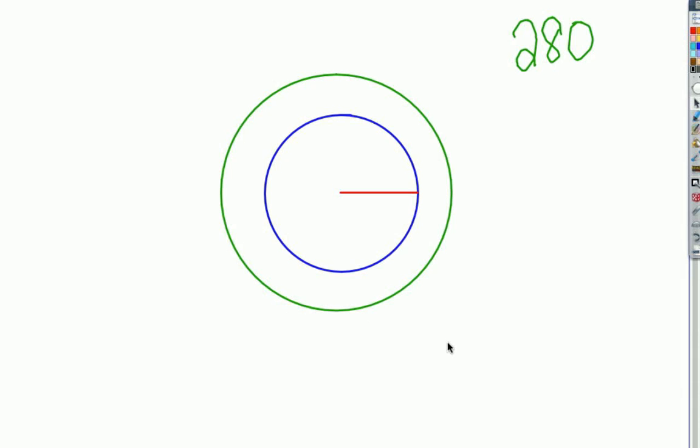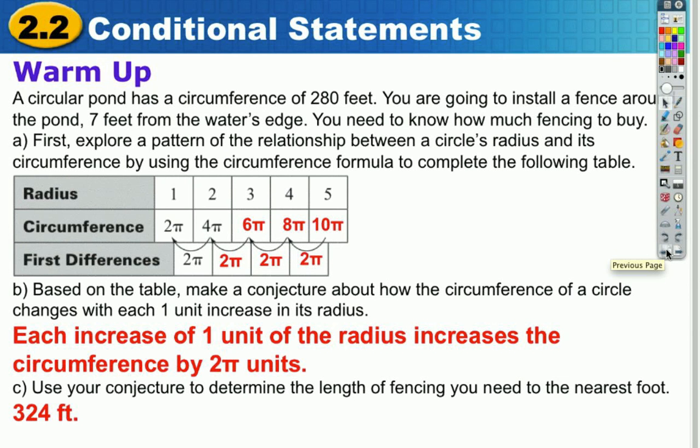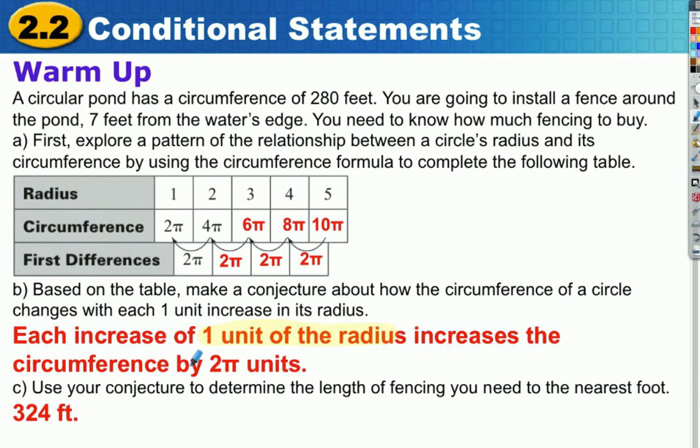You actually had several different ways you could have done it. But let's use the conjecture. Each increase of 1 unit of radius increases the circumference by 2 pi units. You're being told right here, if I increase the radius by 1 unit, what's going to happen to the circumference? So the situation is that you have a circumference of 280 feet, but now we're going to increase the radius.